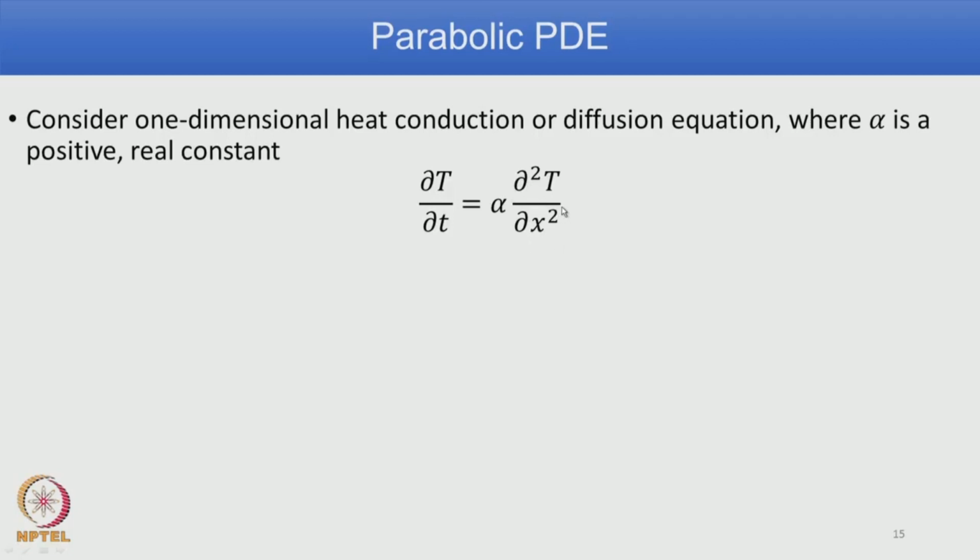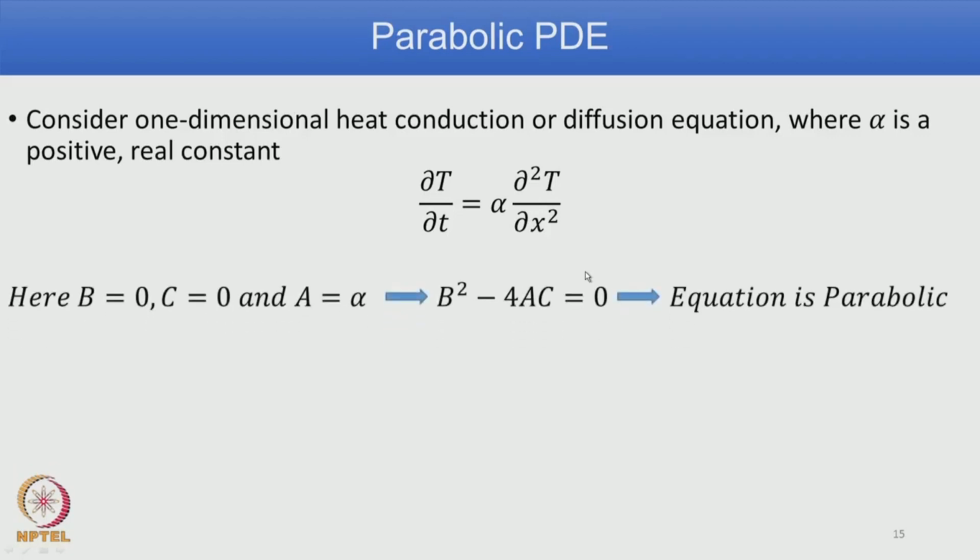It is a one dimensional equation, where capital T represents temperature and small t is time. Follow the procedure of discriminant evaluation: B equal to 0, C equal to 0 and A equal to alpha, when fitting with the generic equation. So, B squared minus 4AC equal to 0. We know that for this value the equation is parabolic in nature.